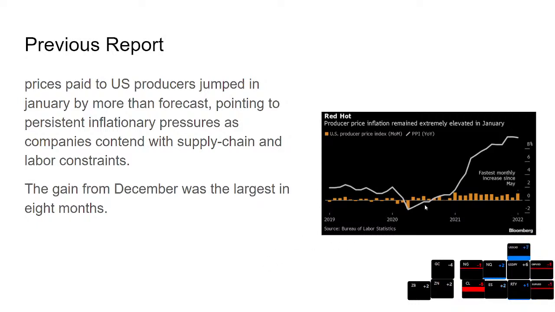But as we started to recover from the pandemic, the producer price index started to rise and move back towards this point, where inflation for producers is running quite hot. And we'll go through some of what the Fed members have said and what that also means for the economy overall. So that was the previous report, from the January data that we had received.